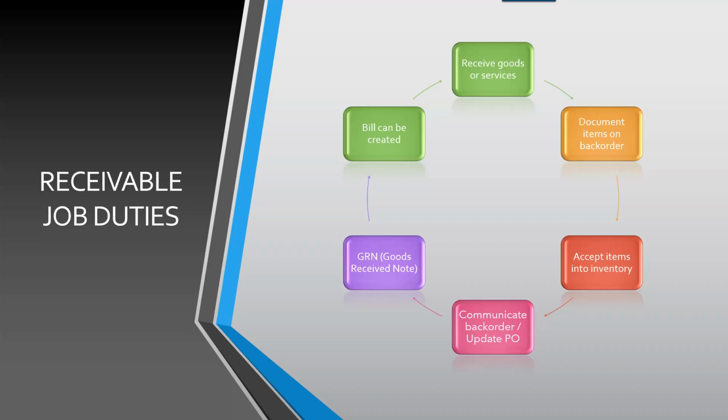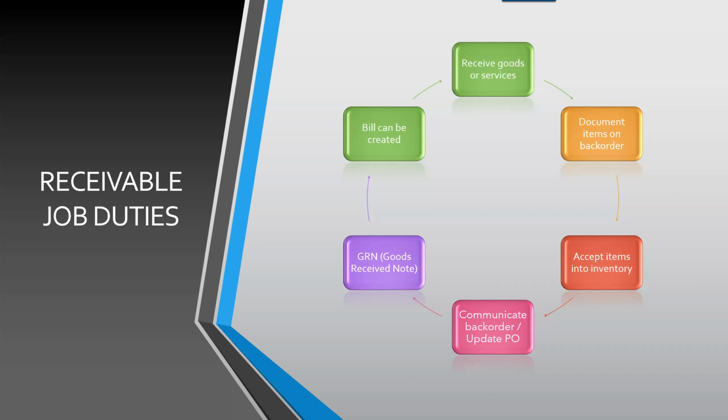The next thing that we think about is the receivables job duty. Once we've sent out that purchase order, now we're going to receive the goods. And then there's going to be hopefully some documentation that tells us that there's a back order. That, of course, needs to be communicated back to your payables department, so that they know that they're not going to pay for items that have not been received yet. And then we also have maybe some items that need to be accepted into inventory.